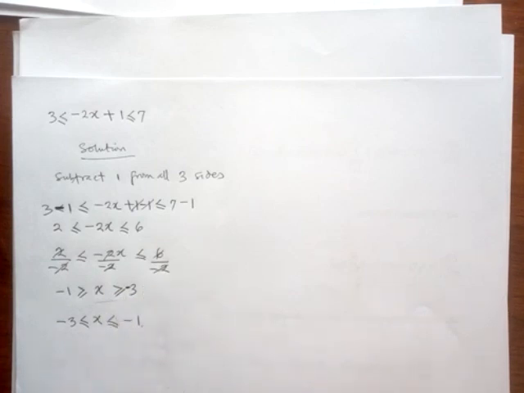So these two are the same thing. So how do we plot? How do we represent it on our number line?